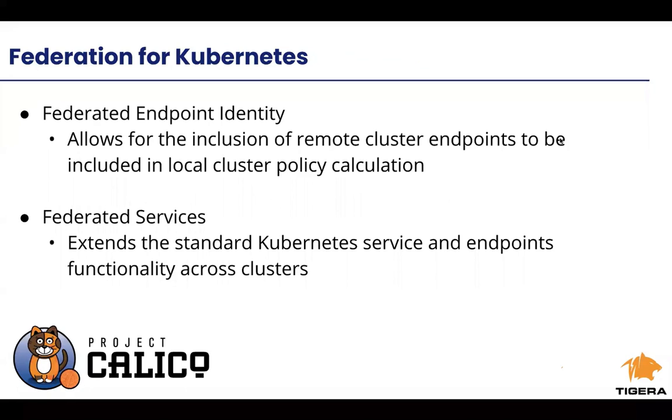So let's talk a little bit about federation for Kubernetes. There's a couple of different capabilities here. The first one, and this is what we're going to be focusing on today, as I mentioned, is federated endpoint identity. What this does is allow you to include remote cluster endpoints to be evaluated in local cluster policy calculation.